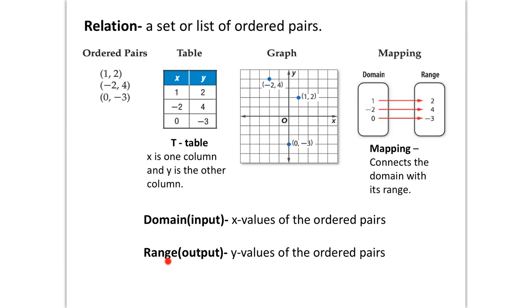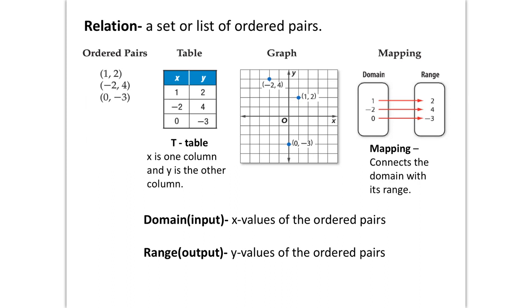The y value is called the range, the y values of the ordered pairs. So when x, the input, is 1, the output is 2. So when x equals 1, y equals 2. We can also use the words domain and range: when the domain is 1, the range is 2. So that's what the domain and the range are. Domain is the x values, range are the y values.